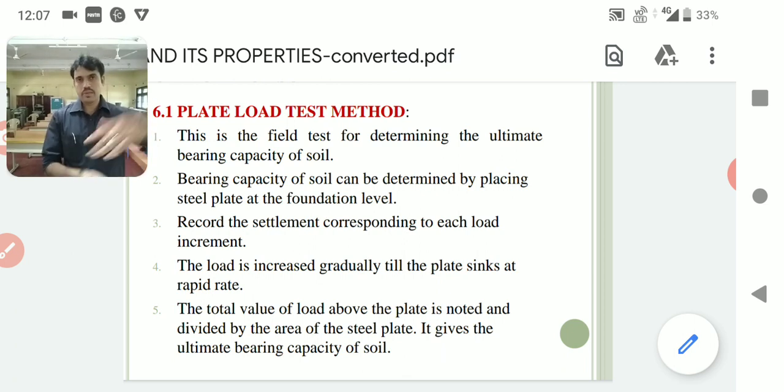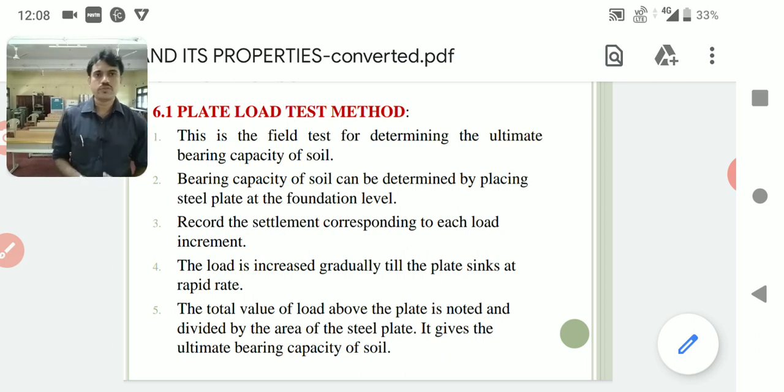That means the plate is gradually sinking. At one point of time, when it reaches its capacity, it definitely sinks at a rapid rate. Gradually it is increasing, and at the later stage it goes at a rapid rate. At that point we note the load.